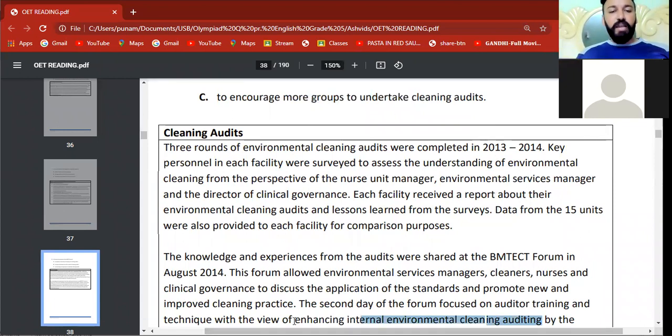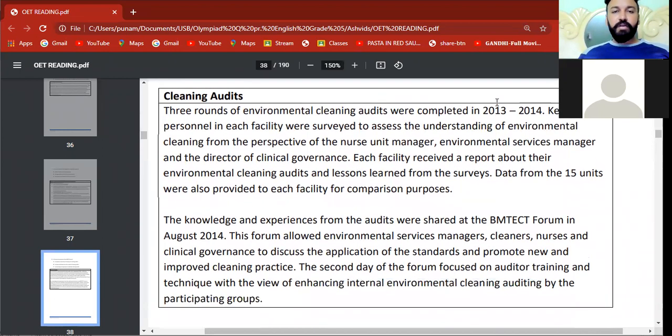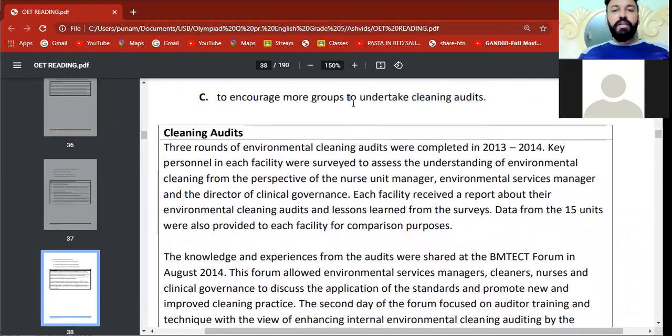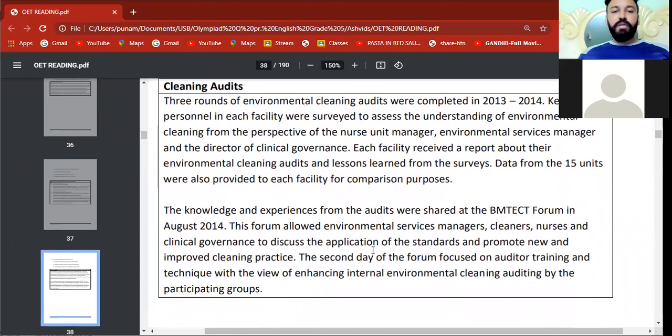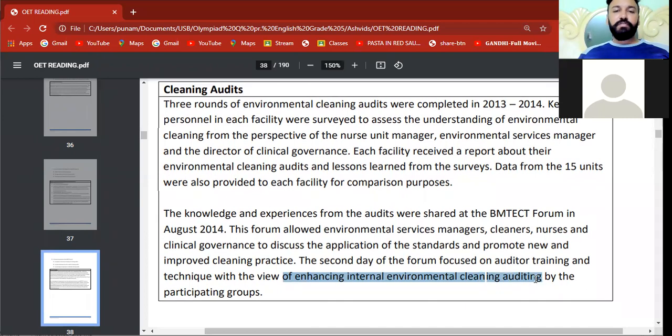Enhancing internal environment, undertaking cleaning audits. Think about it for a few seconds. Compare this: undertaking cleaning audits, enhancing internal environmental cleaning auditing.